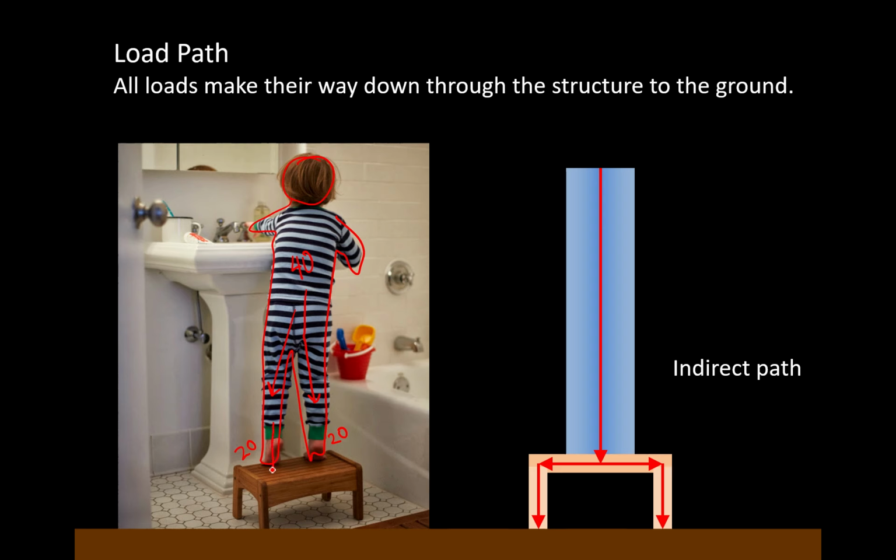And then that load is getting put into this little step stool and getting broken into more load paths that take the weight of the 40-pound person, and I guess plus the weight of the stool itself, and direct it down into the ground. So we could say there's 10 pounds here. Maybe it'd be 11 pounds because of the weight of the stool itself. But the idea is that everything is going to work its way down, in this case being distributed horizontally across the surface of the step stool and then down into the ground.